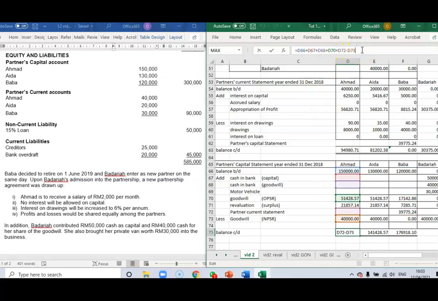Wait, I think we missed something. Revaluation surplus. I forgot that one. Now we have all the columns.